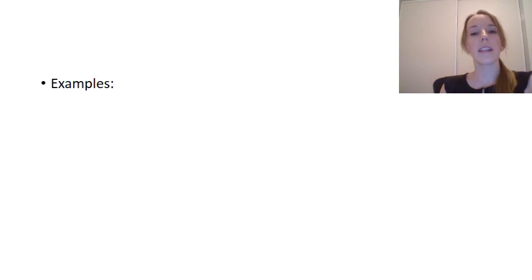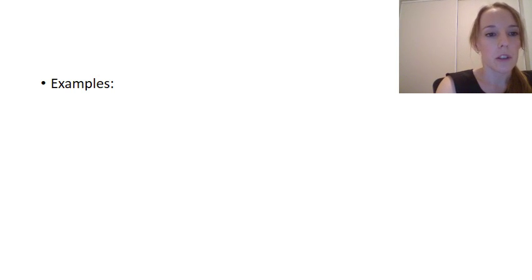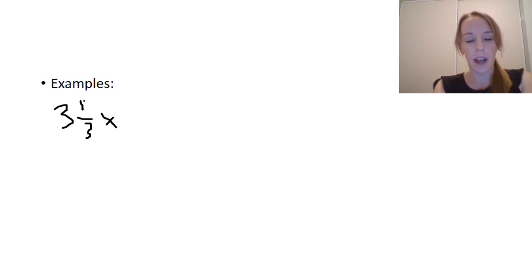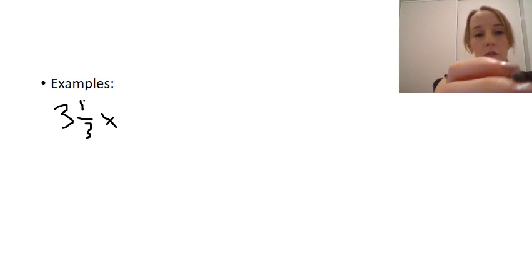Now, I'm going to do an example using mixed numbers, and we'll work through that one. So let's say we had 3 and 1/3, and we want to multiply that by 2 and 2/5.